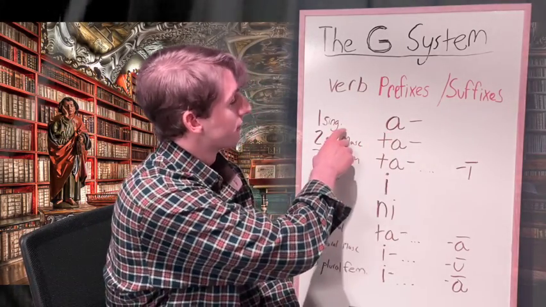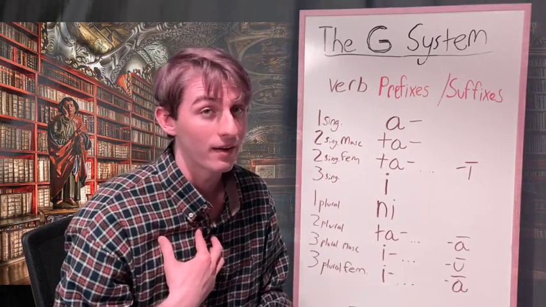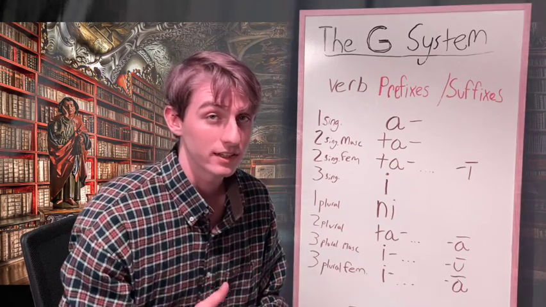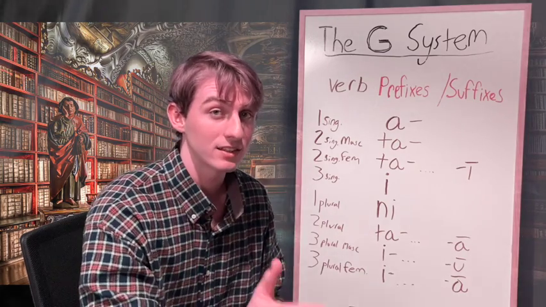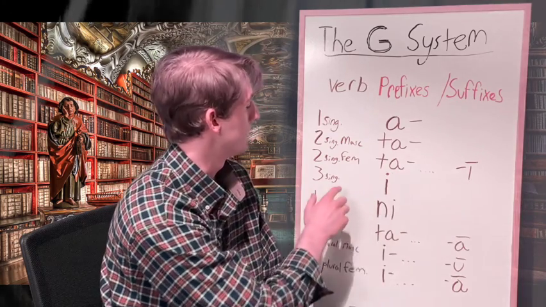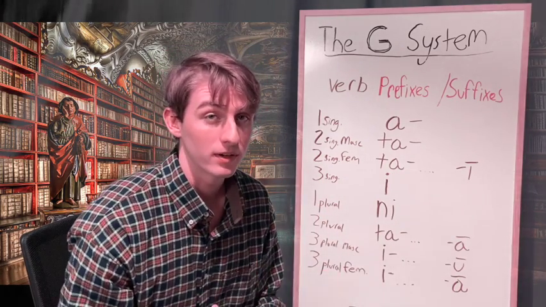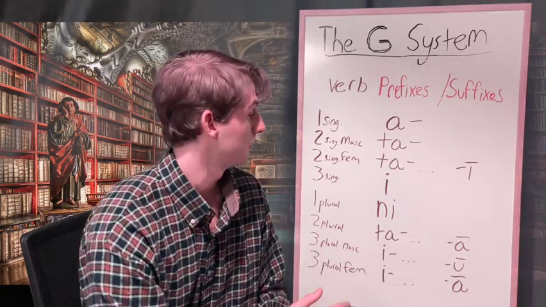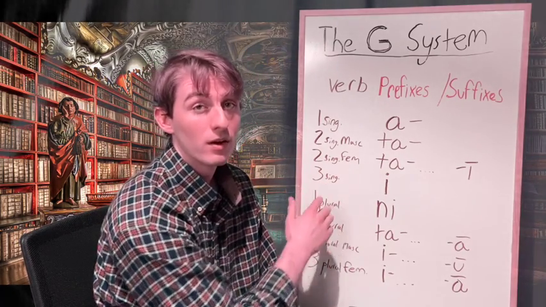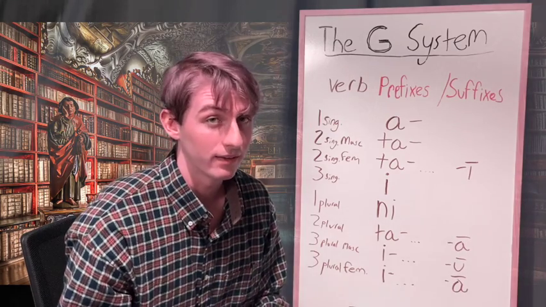A is a first person singular, so it would be like I. Ta would be the second person singular masculine, showing a masculine you. Ta-i would be the second person singular feminine, which is a feminine you. I is the third person singular common, which means he, she, or it.